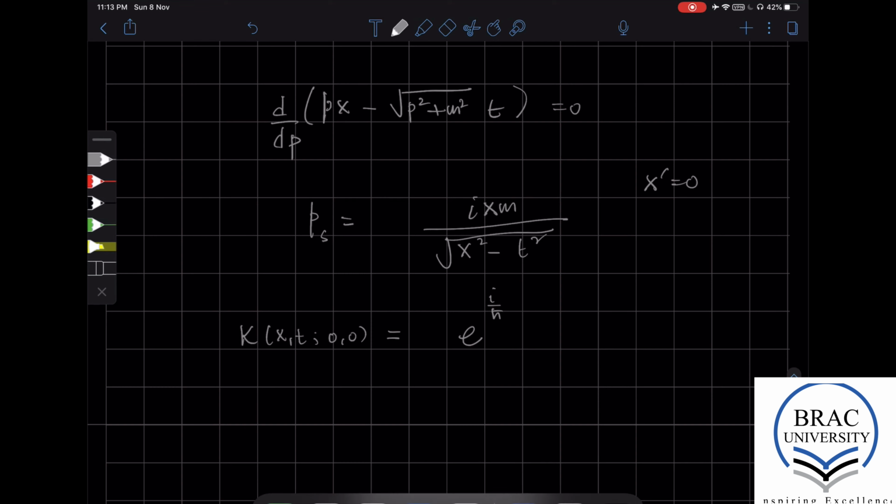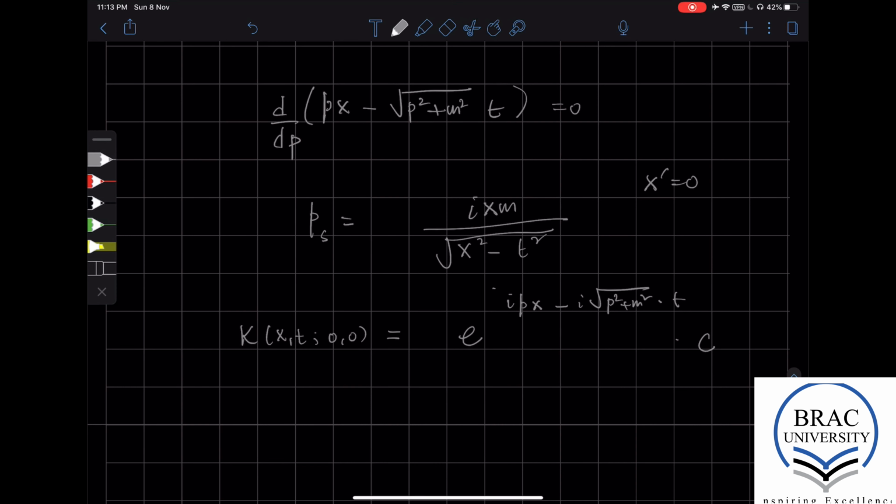Sorry, I'm not being very consistent about keeping h bar; let me just put h bar equal to 1. Then we have i px minus i square root of p squared plus m squared times t, times some constant factor.